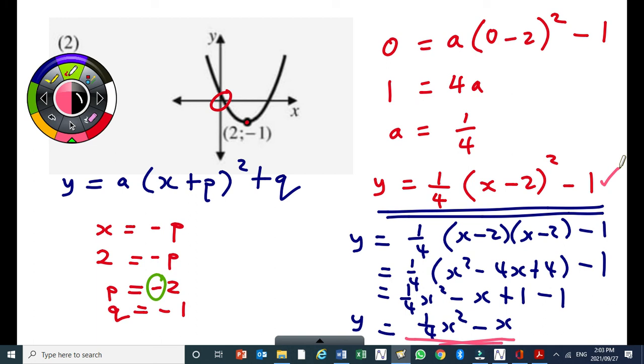I'm calculating A or Y. To calculate A from here, you need to know P. You need to know Q. The good thing is Q is easy. You get it from the value of Y at the turning point. P is a little bit tricky. It has got an opposite sign to the one that's at the turning point. So if there is positive 2 here, P is going to be negative 2. If there was a negative 2, then P will be positive 2.